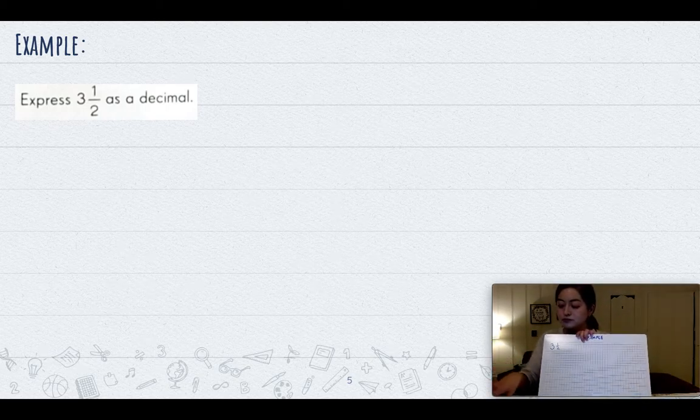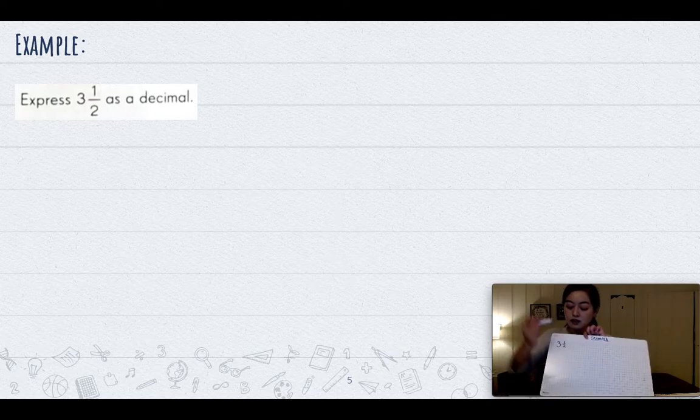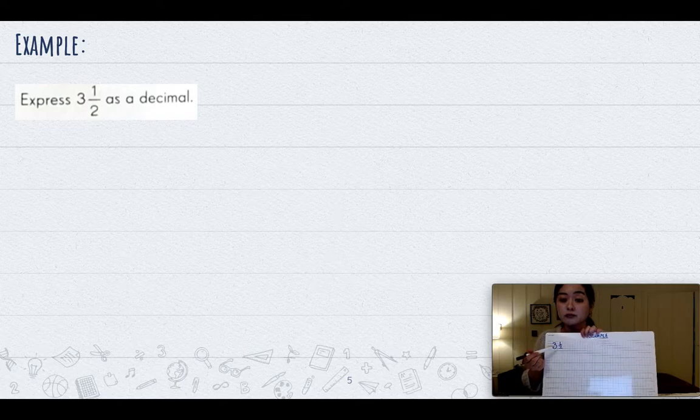So, in my fraction of 1/2, what's my denominator? It's a 2. So, if it's a 2, can I make it a 10 more easily or can I make it 100 more easily? I would probably say 10.